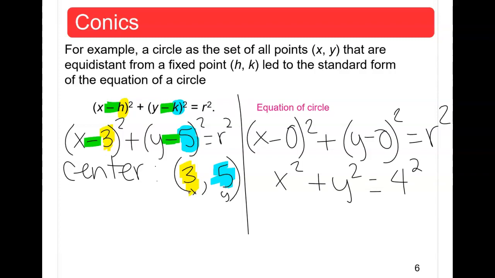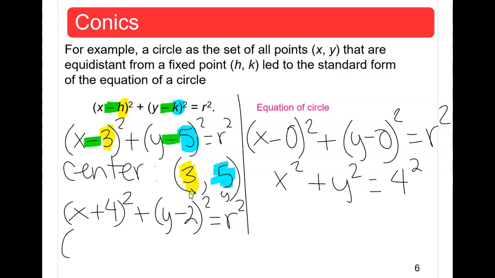So if you had a circle with the following equation, let's say (x plus 4) squared, and let's say we have here (y minus 2) squared, and here r squared. So what you have in reality is x and then minus, and then you will have a negative 4.